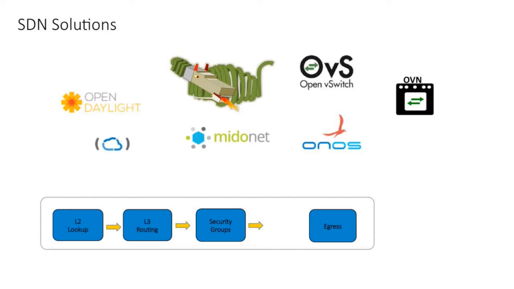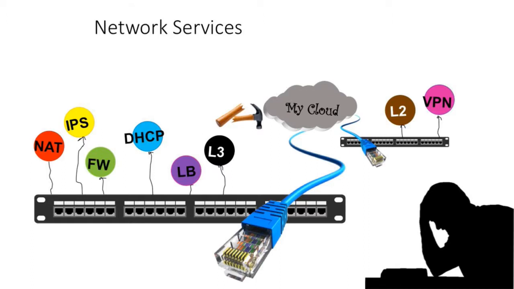Some solutions have it, some don't. This is usually an OpenFlow pipeline that is implemented in OVS in most of the solutions I listed here. And they are implementing layer 2, layer 3, and so on. But we want networking services. We want additional behavior. We want different behavior. Some users want this, some users don't want this.